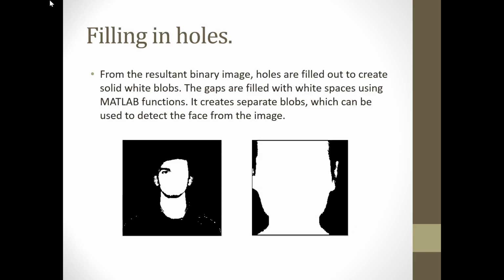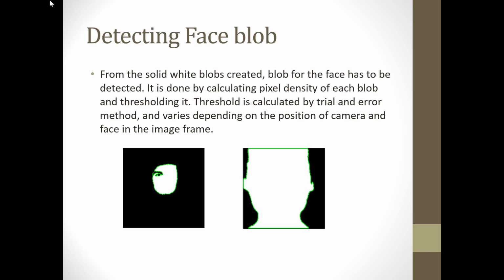The extracted binary image is used to separate the face from the image by filling in holes, which creates separate solid blobs. A blob is a binary large object, which is a collection of binary data stored as a single entity. From the multiple blobs created, the face blob has to be separated from the input frame by calculating the pixel density of each blob and thresholding it.